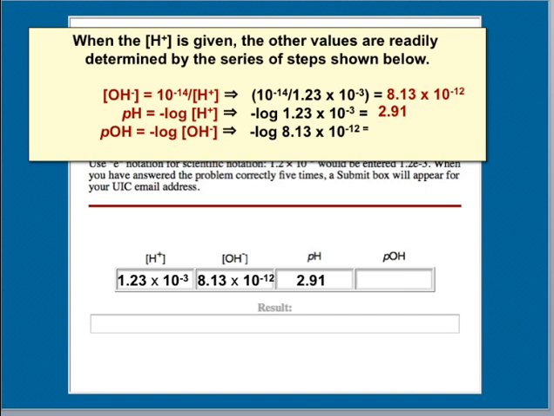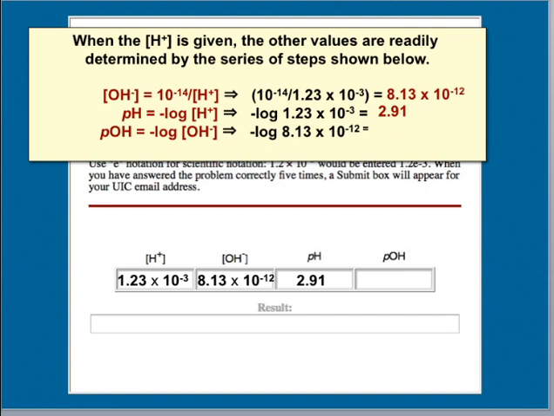Once again, hydronium, type it in, hit the log button, change the sign, 2.91. Same basic operations.